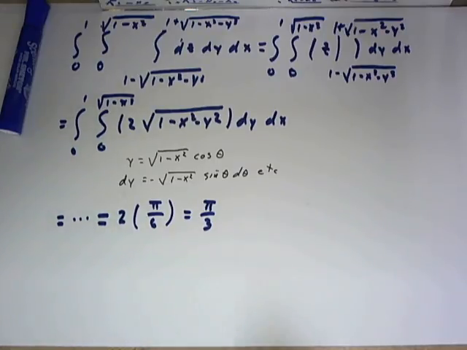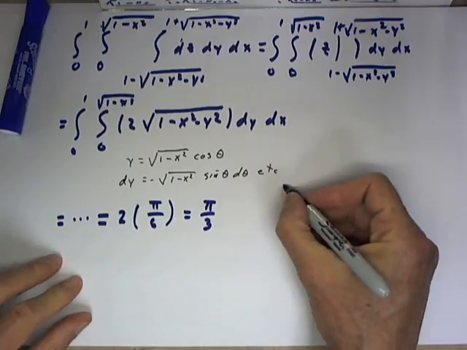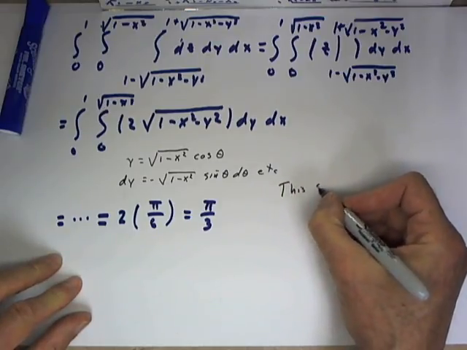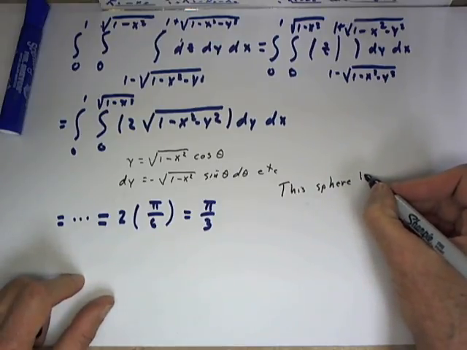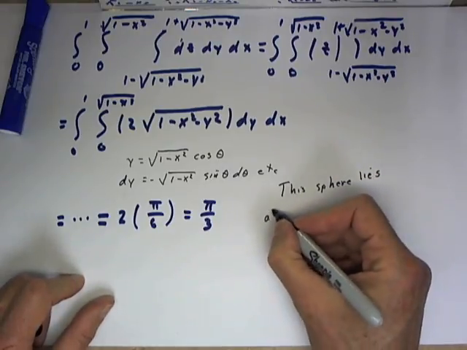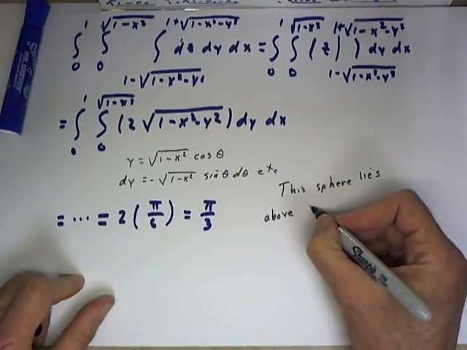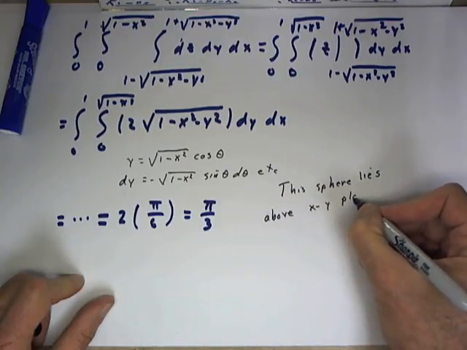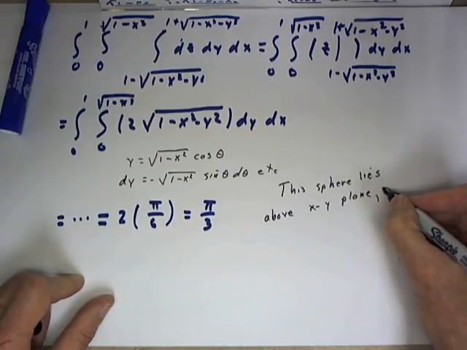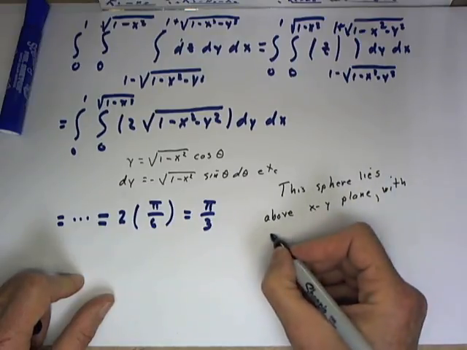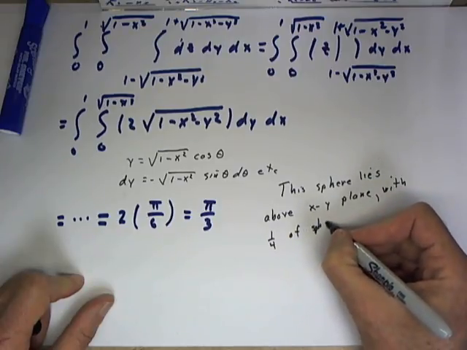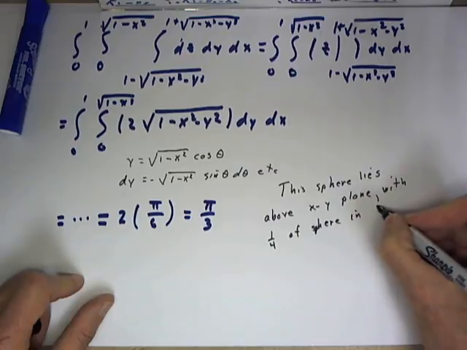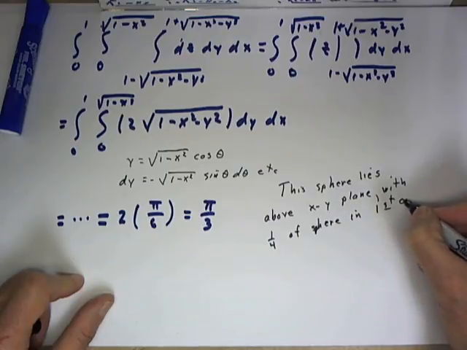So to make the statement, this sphere lies above the xy plane, with 1/4 of the sphere in the first octant.